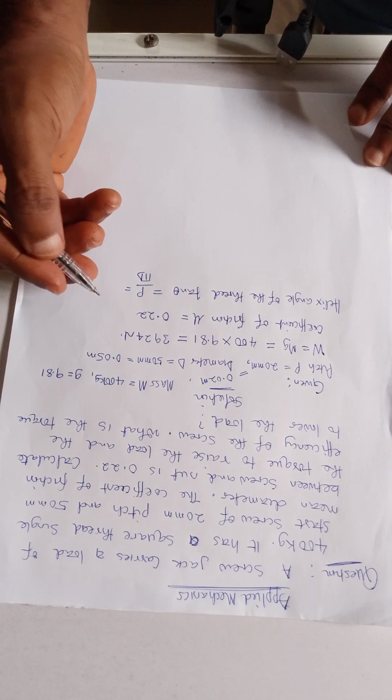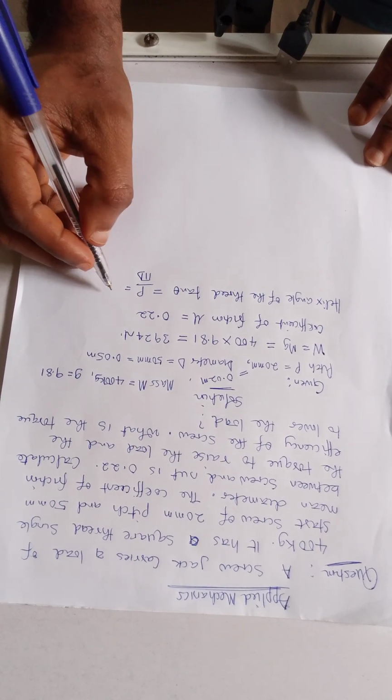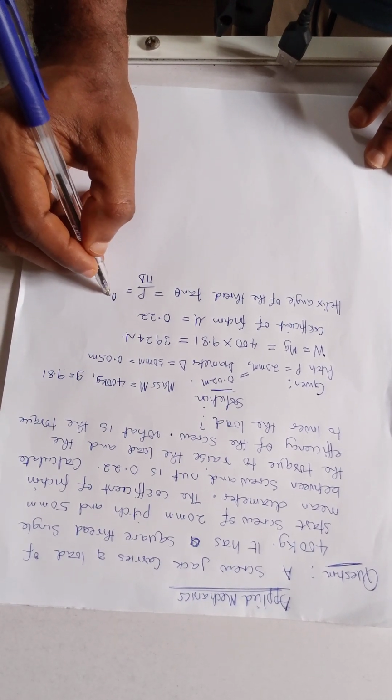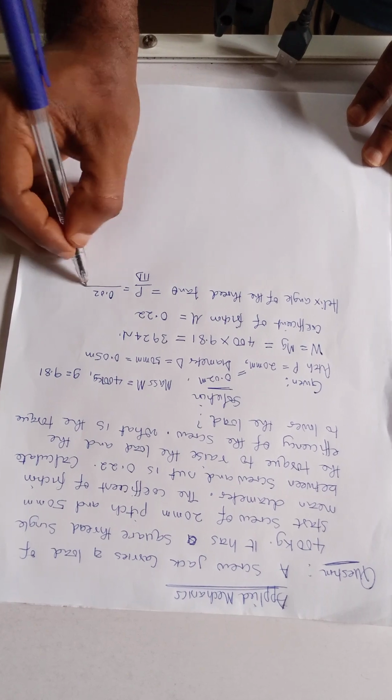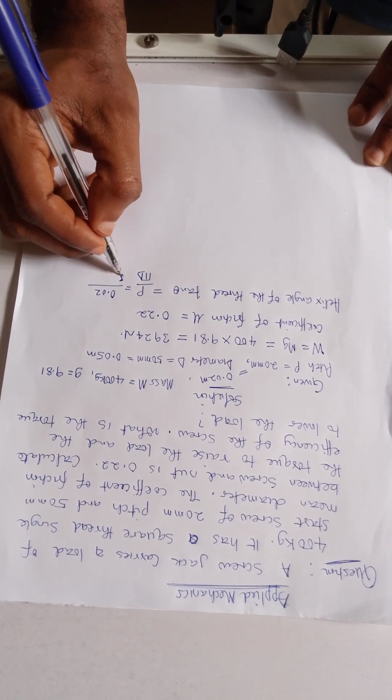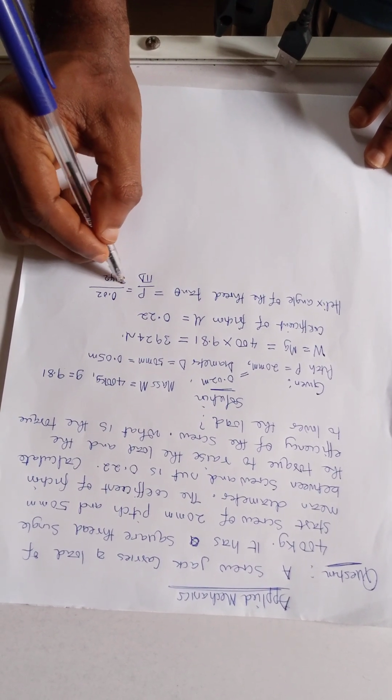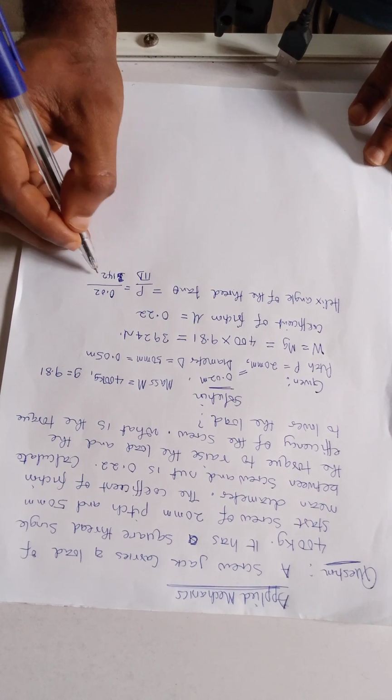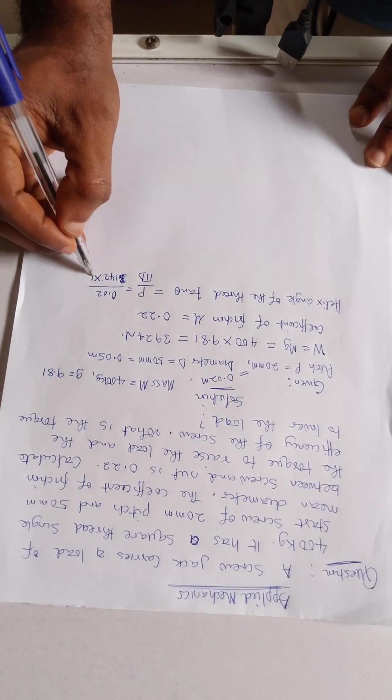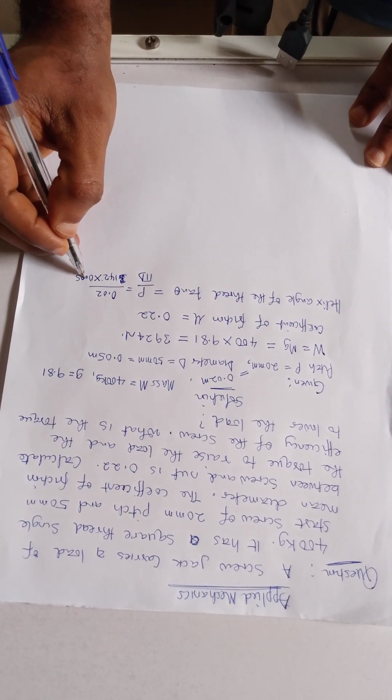If we solve this, our P is 0.02 divided by 3.142, pi is 3.142, times our D which is 0.05.